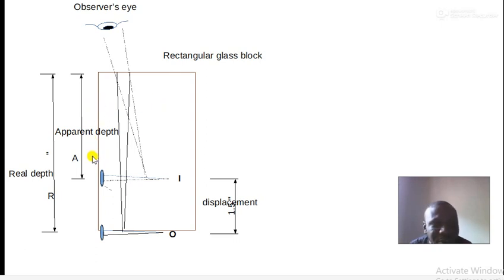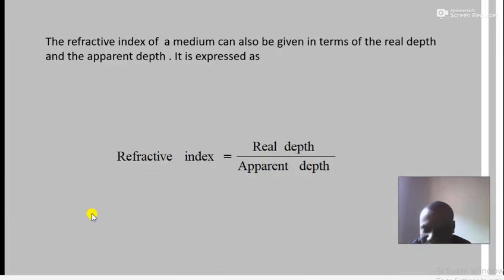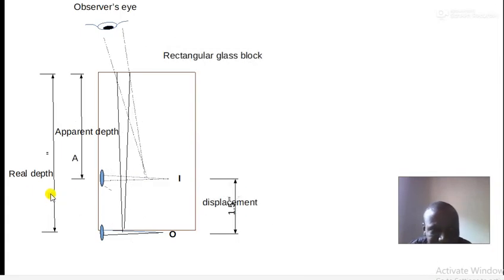Now the distance between the image at I and the top surface is called the apparent depth, as you can see on screen here. Therefore, the gap between the apparent depth and the base where the object is, that means the gap between I, the image position, and O, is known as the displacement.